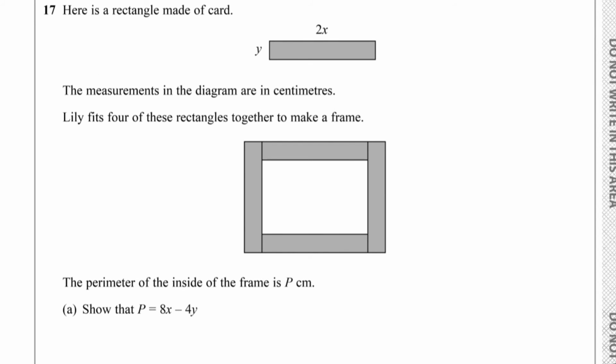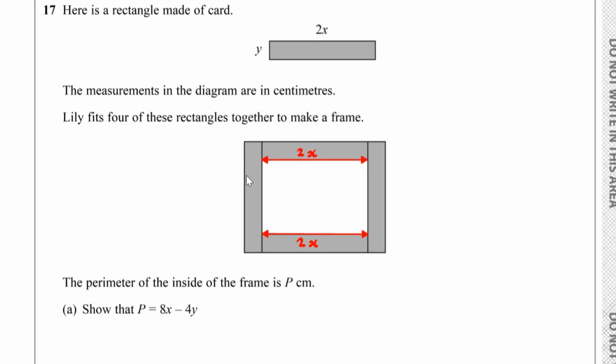Well, the length from here to here is 2x, which means as well the length from here to here is also 2x.